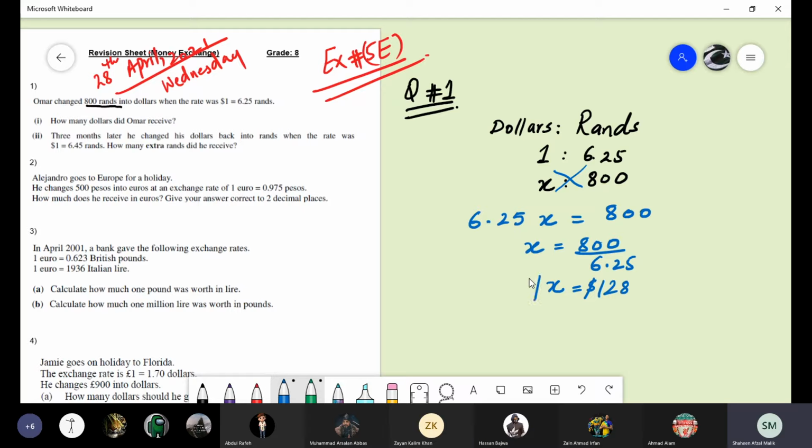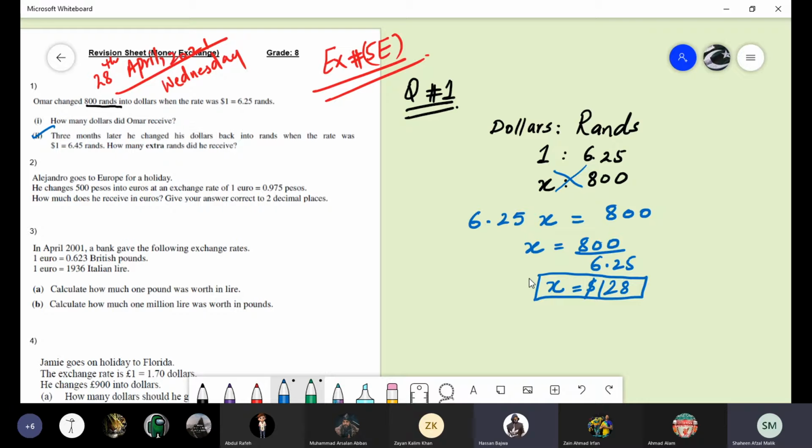Read the second part. This is one part of the worksheet. Three months later, he changed his dollars back into rands when the rate was $1 is 6.45 rands. Now he changed the money back from dollars to South African currency. That time, what was the rate of exchange?